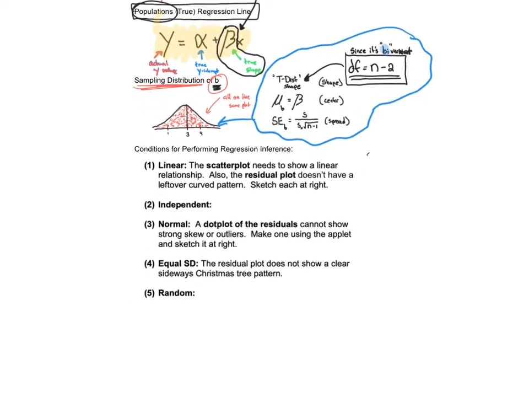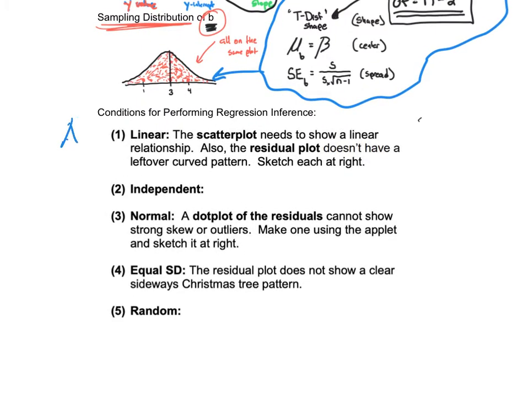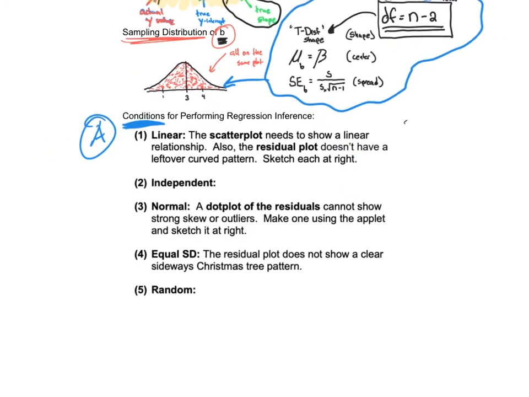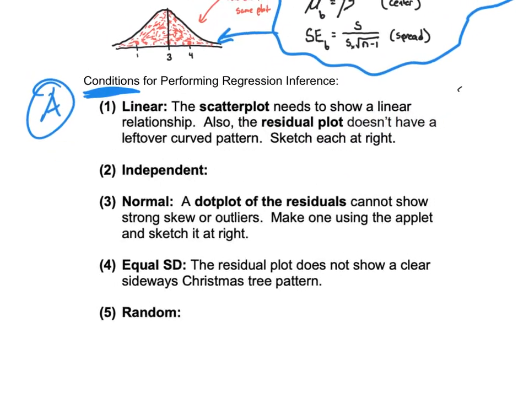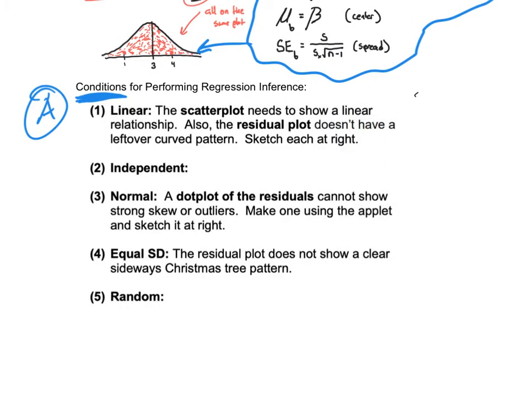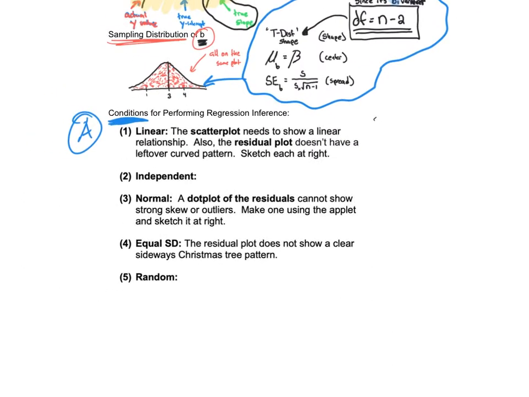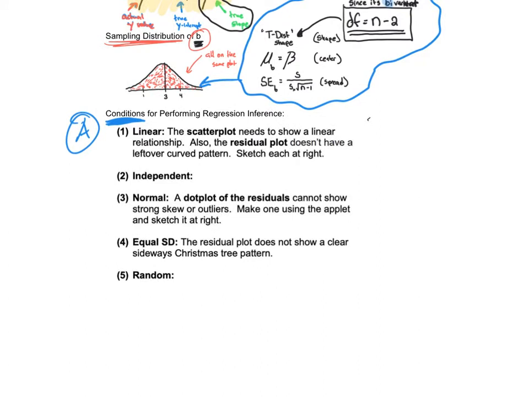Okay, so let's talk about conditions. We call these our assumption checks, or our conditions, when we go to do these things. Let me just write these out instead of going through each one. Linear: the scatter plot needs to show a linear relationship, and the residual plot does not have any curved patterns.